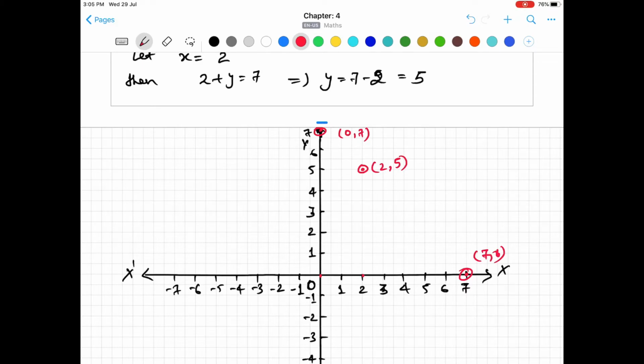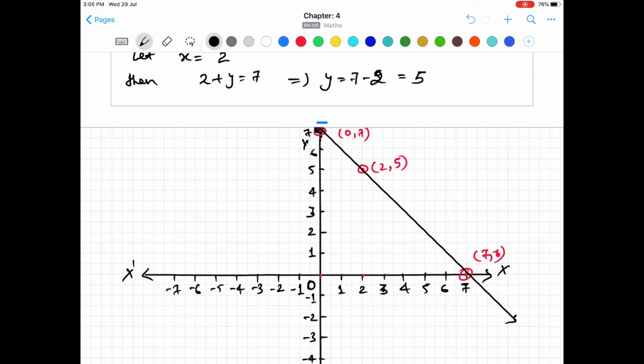Once you have these points, we connect them using a scale. Place the scale such that the drawn line passes through all the marked points like this, and at the end you put the arrow.